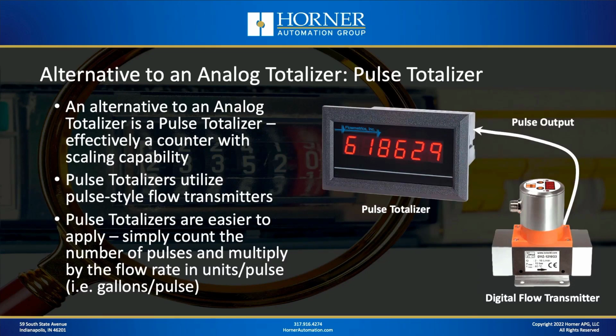Pulse totalizers, by their very nature, are quite a bit easier to apply than an analog totalizer because really all they have to do is count up the pulses and multiply by the scaling factor, and you're pretty much done. But today we're going to go through analog totalizing because it is more of an effort, although it's still very attainable in terms of doing that with an OCS.